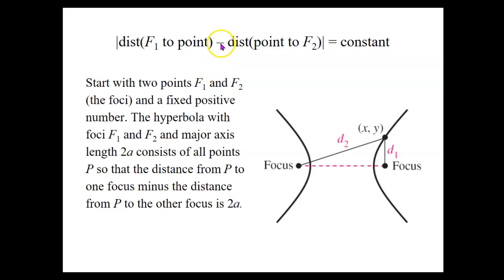If this were a plus instead of a minus, we'd have an ellipse. That was the other definition we saw for an ellipse, where the distance from one point to a focus plus the distance from that point to the other focus was constant. So if the sum is constant, you have an ellipse. If the difference is constant, you have a hyperbola.